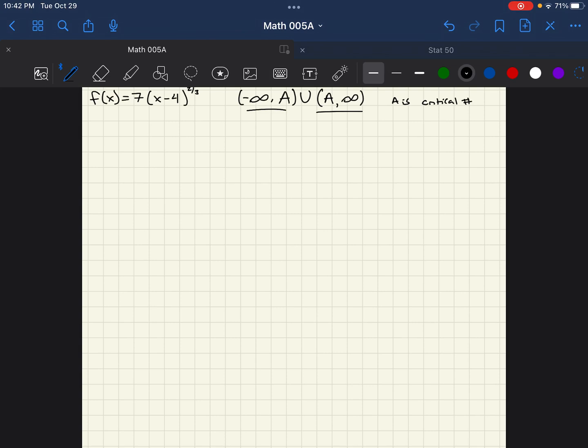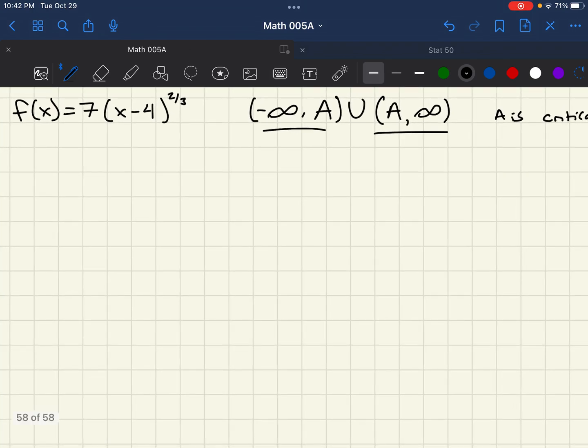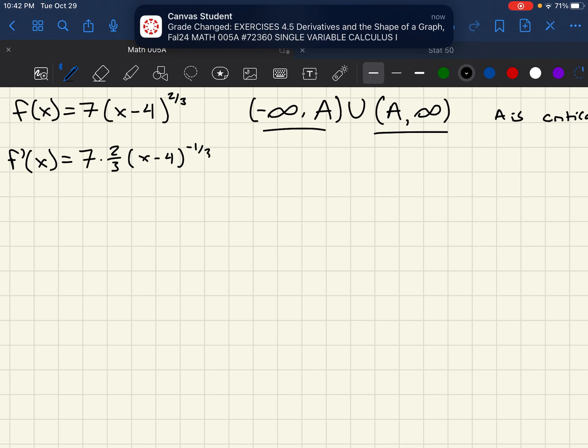To do this, we have to find f prime of x, which is just the derivative. And this equals, we use the chain rule, so it's going to be 7 times 2/3 times (x minus 4) to the negative 1/3.